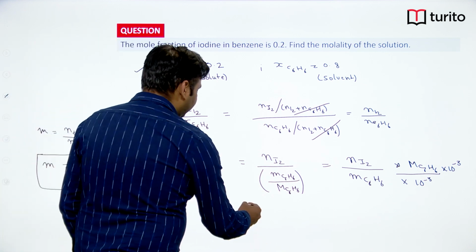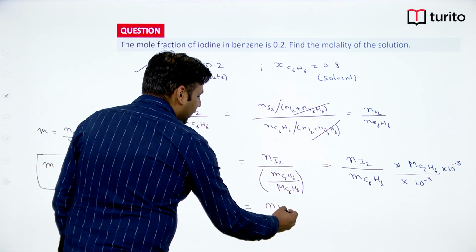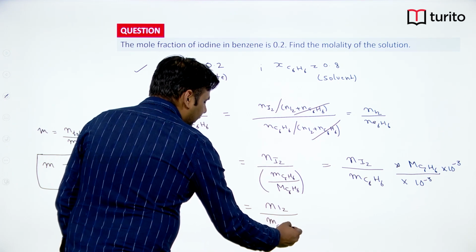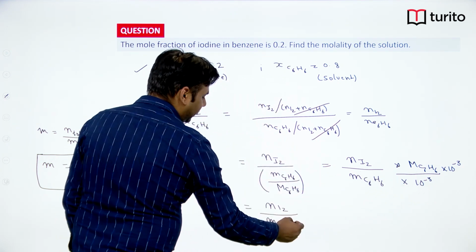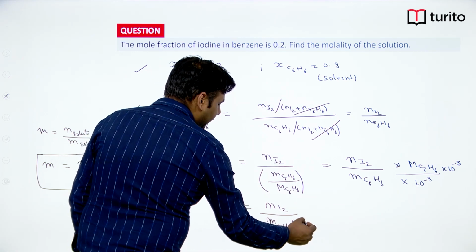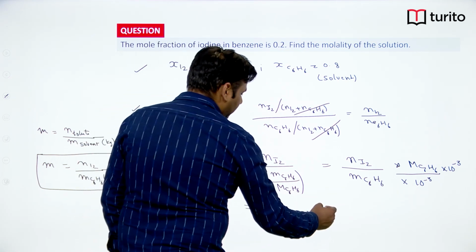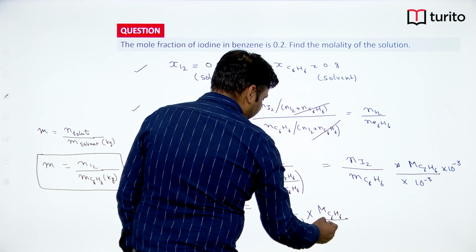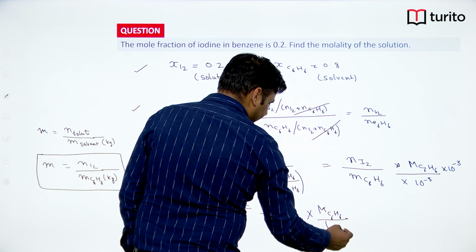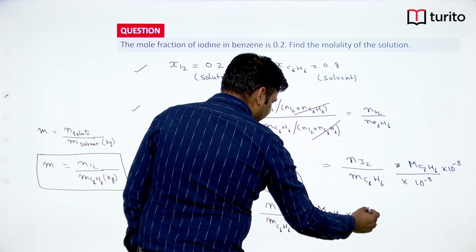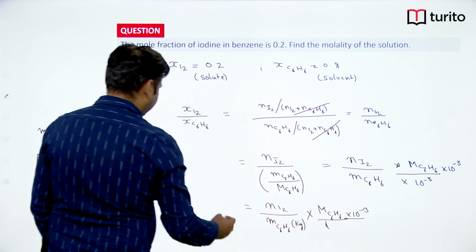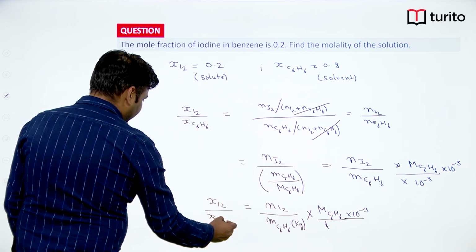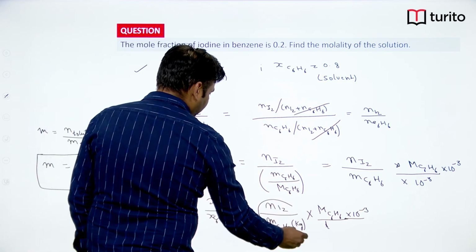When you multiply this with 10 raised to minus 3, this will be the number of moles of iodine upon mass of benzene, I just absorb this 10 raised to minus 3 into it, so this will be in kg, into molar mass of C6H6 into 10 raised to minus 3. So that I can also write as upon 1000. So this is basically mole fraction of iodine upon mole fraction of benzene, and this term is your molality.